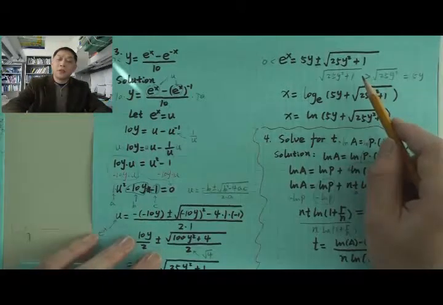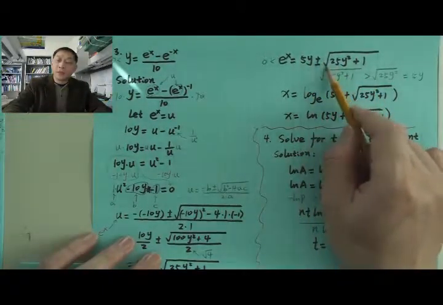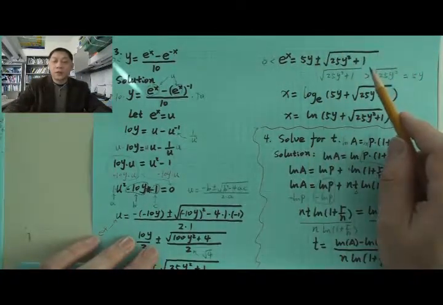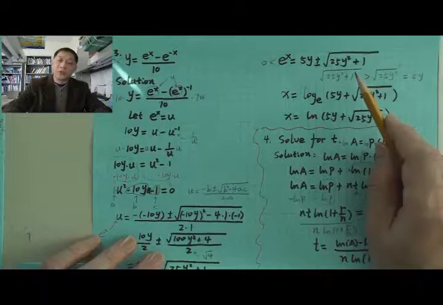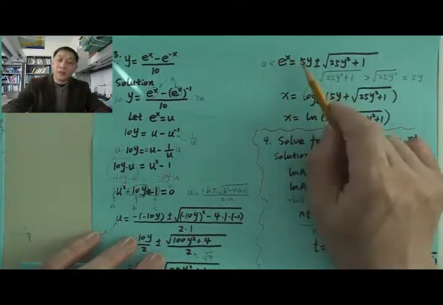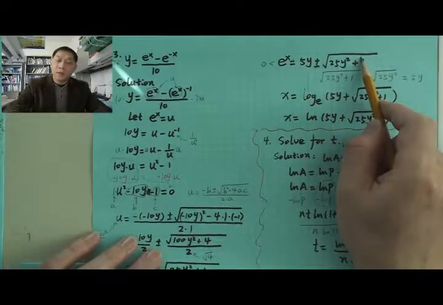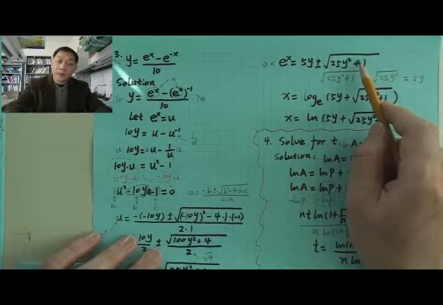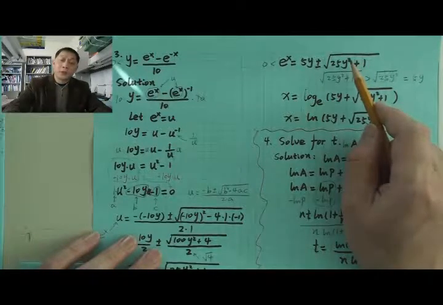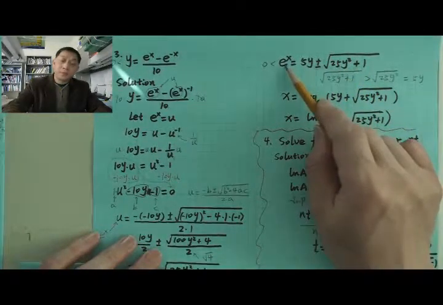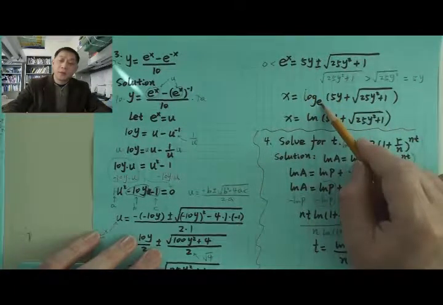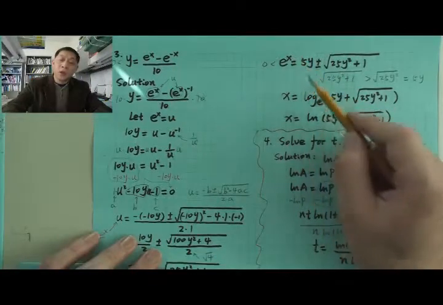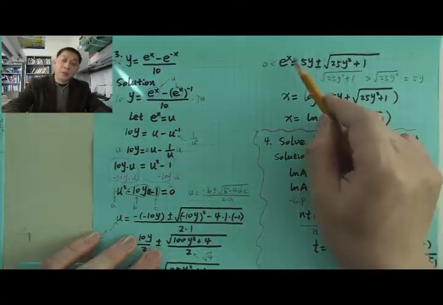Now e to the x is 5y plus radical this quantity. Then what is our x? So right here you've got to use the definition of the logarithm. If you have e to the x equals a quantity, by the definition of the logarithm, that would be log base e, because log always ends up with the exponent.